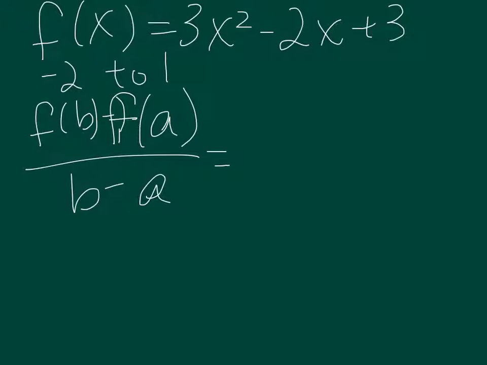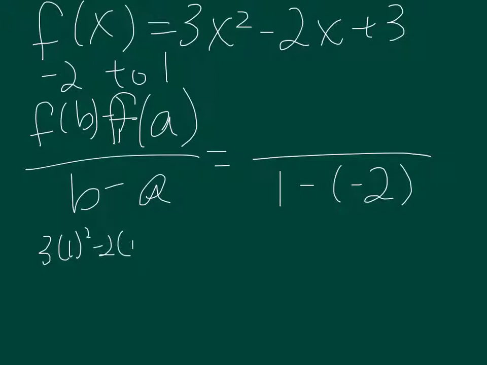So b would be 1 minus a, which is -2, since we always go right to left for the 2 points. So then f of b would be 3 times 1 squared minus 2 times 1 plus 3, which is 4.